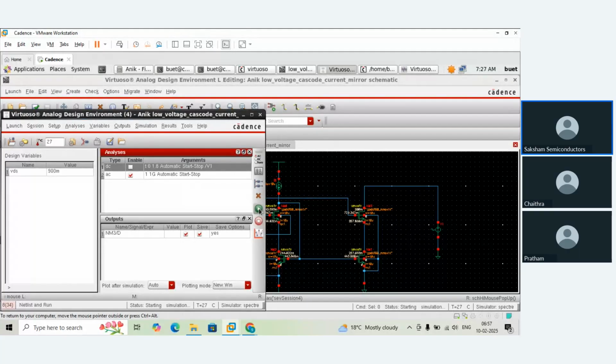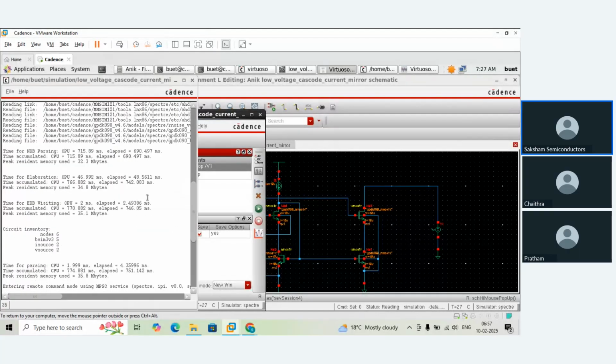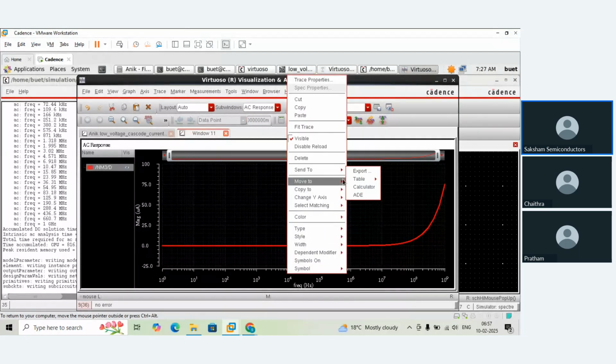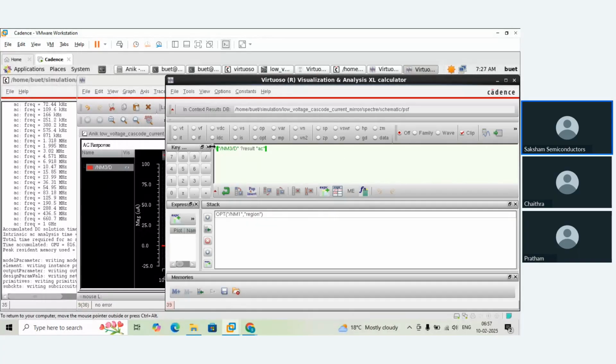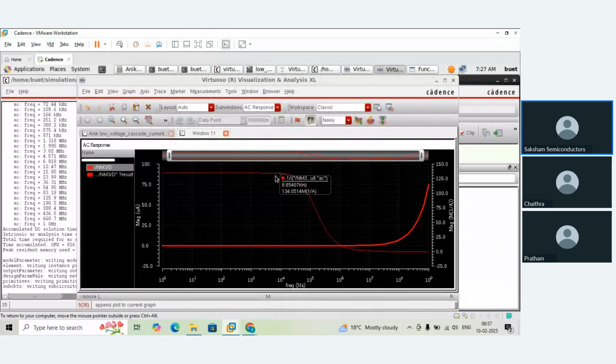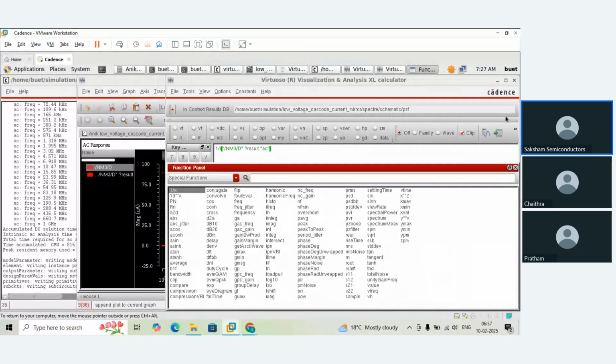Let's run it and push it to the calculator. So I'm going to get a value of 134 mega ohm. That's the output resistance of this particular low voltage cascode current mirror circuit. So that's what I got over here. So this is one thing. And let's close these things.